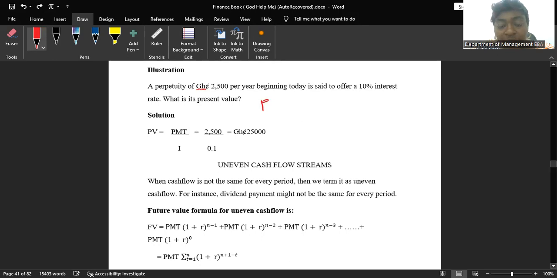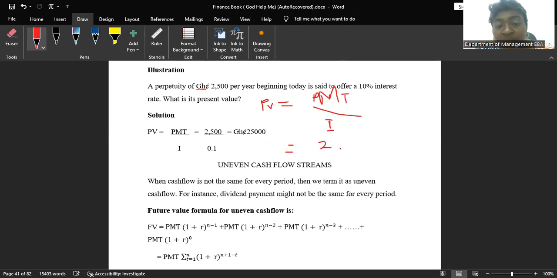Right. So the formula is what? We are getting the present value. The formula is payment over interest or rate, any of them that you see, right? So that means this will be equal to the regular amount, which is 2,500.